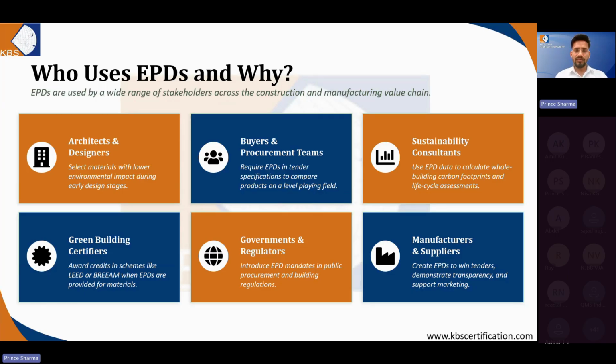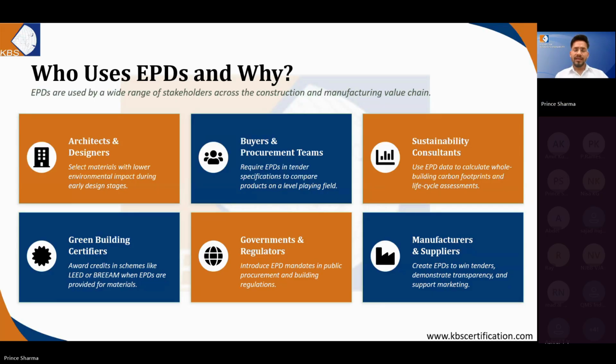So there also, a tender will be issued and some specification provided, and the procurement team is always searching for the EPDs published in third-party verified reports. Based on those, they will first check the environmental impact of the qualified manufacturers, and then select the minimum one.